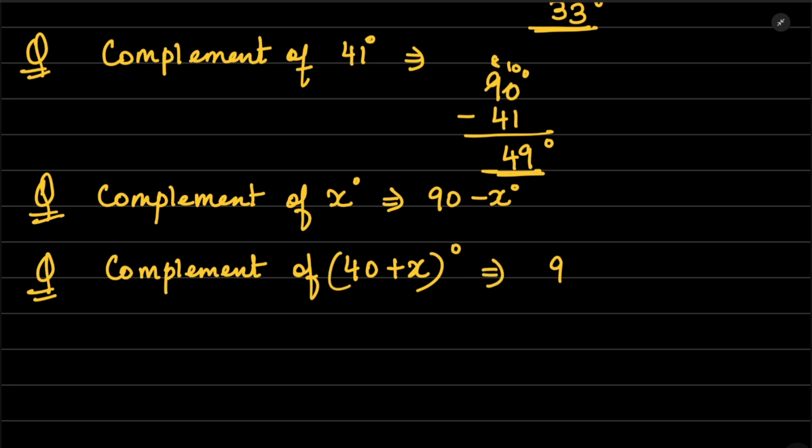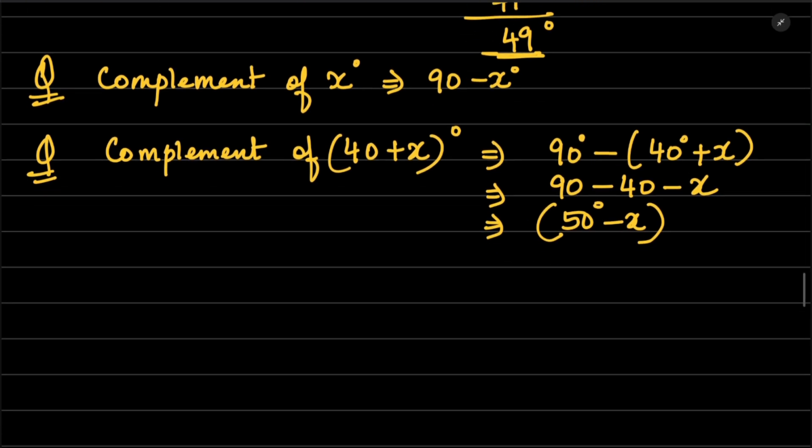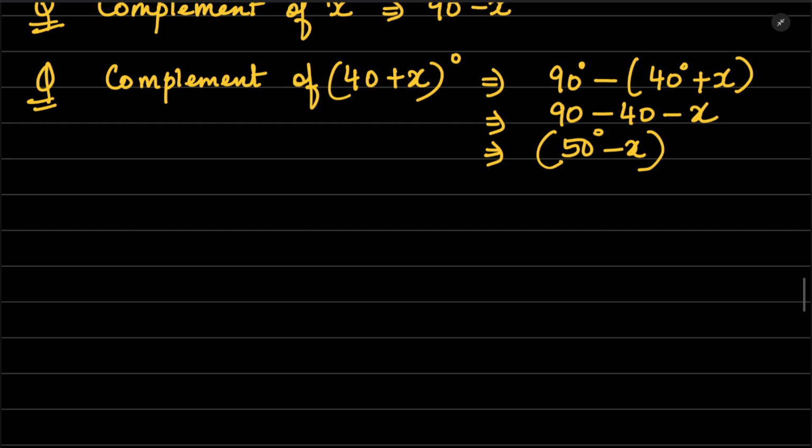What will you do? Just do 90 minus the given angle, that is 40 plus x. Open the bracket, you will have 90 minus 40 minus x. 90 minus 40 is 50 minus x. So this is your complementary angle. Such questions can be expected for your 1 mark as an MCQ.